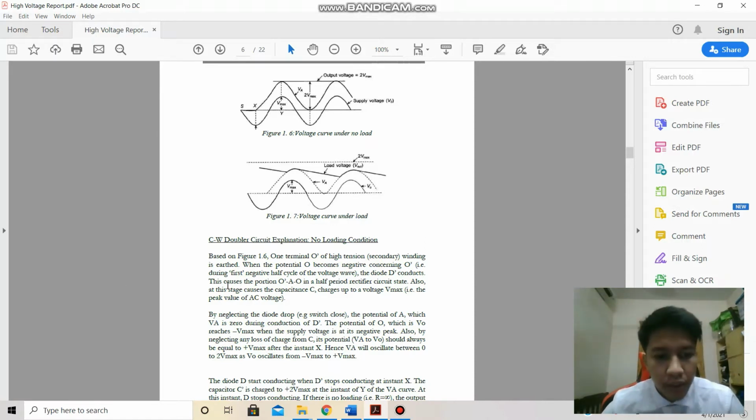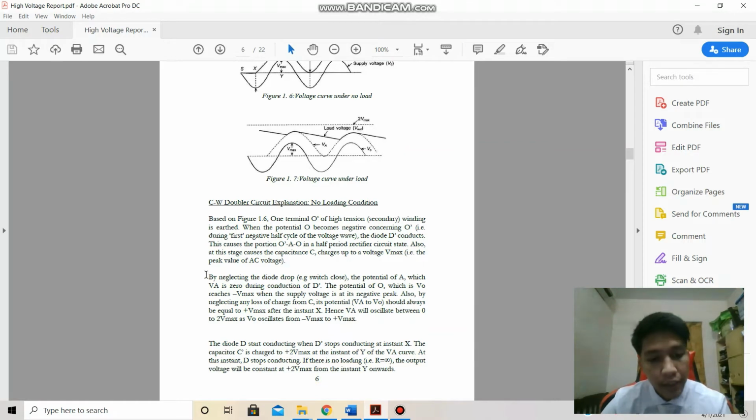This causes the potential O in the half period rectifier circuit state, and at this stage the capacitance charges up to the voltage Vmax, the peak value of the AC voltage.